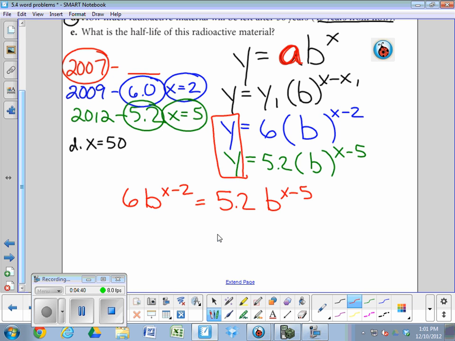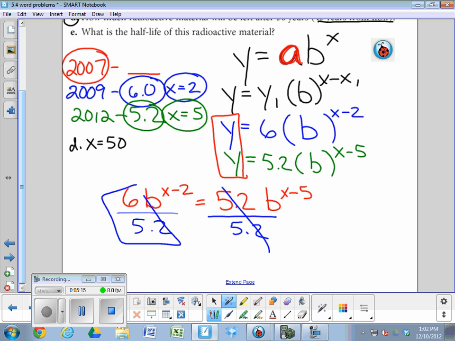I'm going to divide both sides by 6. The reason I'm going to do that is I know this problem is about decay, right? I know that my decay factor is going to be less than 1. I want it to be a decimal between 0 and 1. So what will give you a decimal between 0 and 1? Dividing both sides by 5.2.